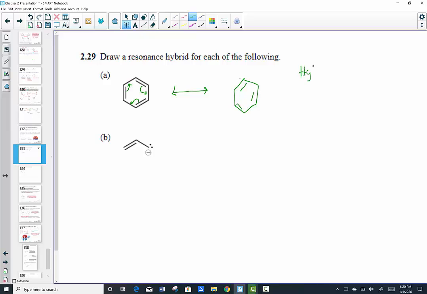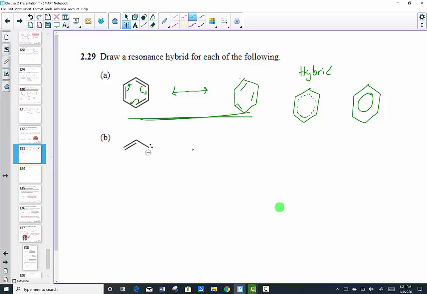But as a hybrid, I want to show them as a combination of both structures, and that's where we use these dashed lines to represent a delocalized bond. So oftentimes for benzene, to represent the hybrid structure, you'll just see it with a circle inside, and that's telling you, I want you to envision this structure with equal bond length in all directions.